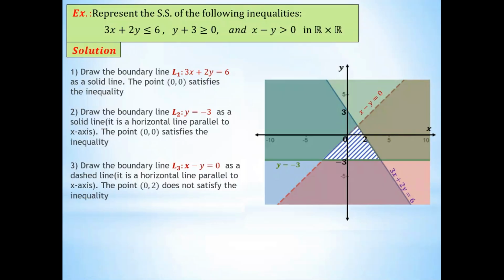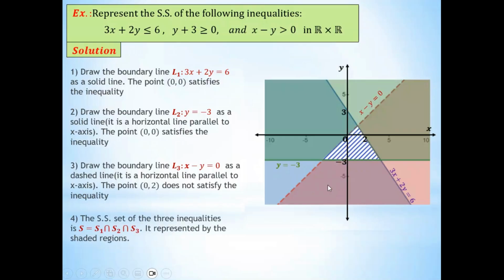Any point, no problem. (5, 0): 5 minus 0 more than 0, yes. So this region is the solution set, and this intersects with the two regions before. The three regions will intersect in this triangle as shown in the figure. The solution set equal S1 intersect S2 intersect S3, giving the triangle shown in shaded or dashed lines like that.